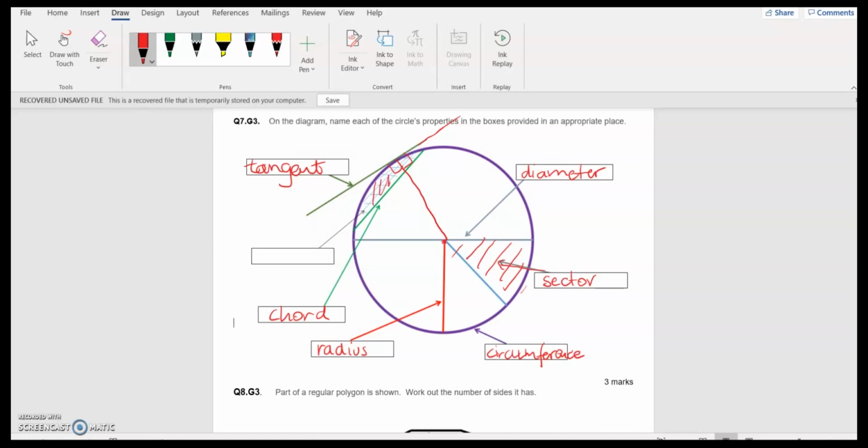So this one here, which is in blue, and this other part as well, so the two that are created when the chord cuts the circle, these are called segments.